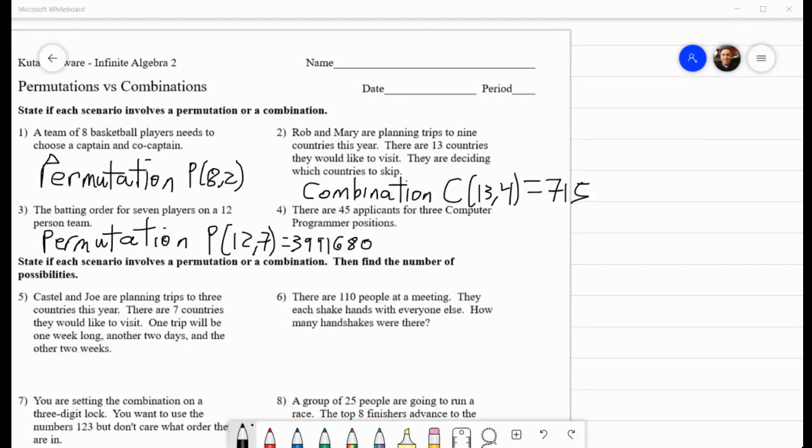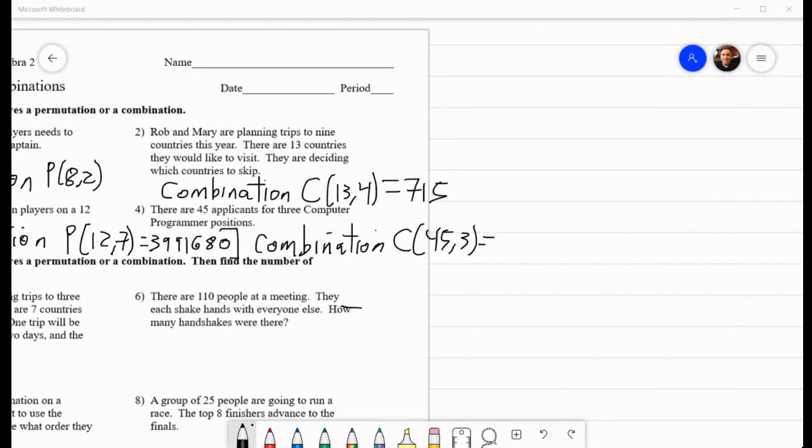So that would be a combination, C of 45, 3. I did calculate it, even though I didn't ask you to. Using a calculator, it's 14,190. So, pretty big.